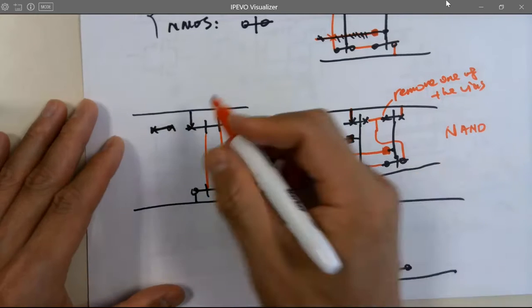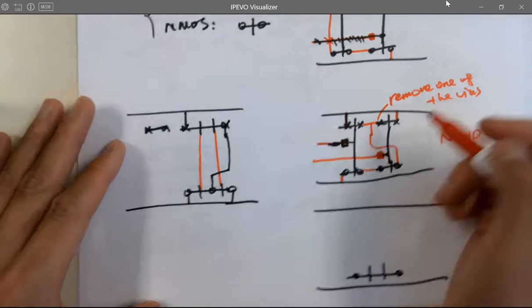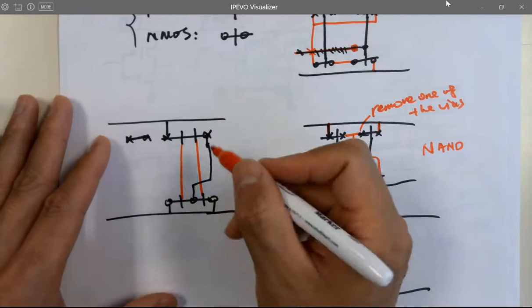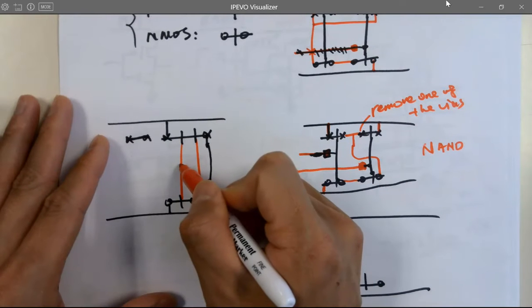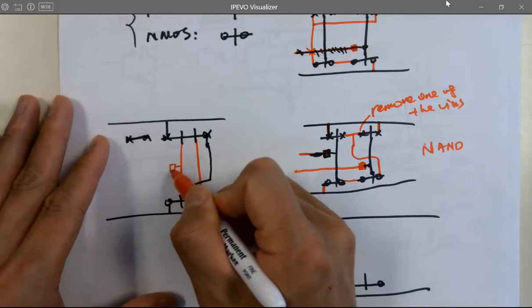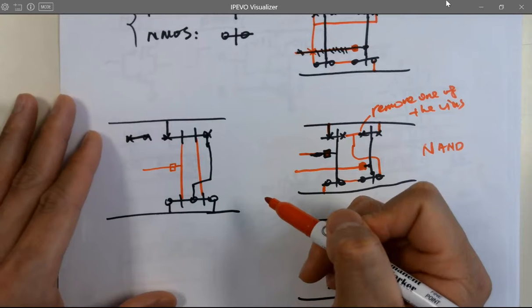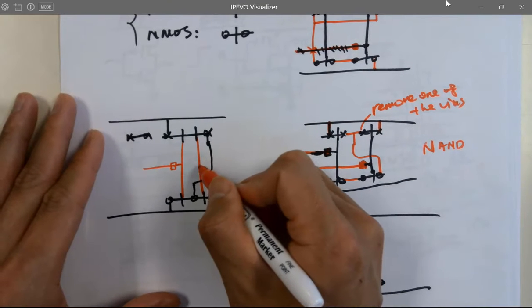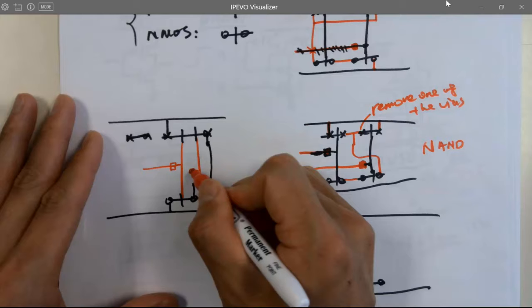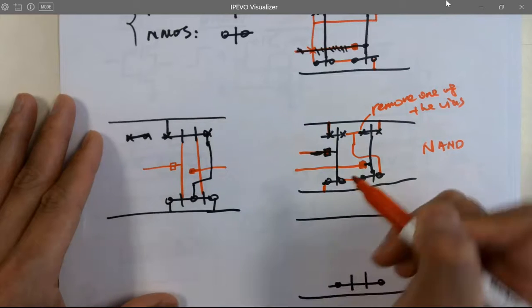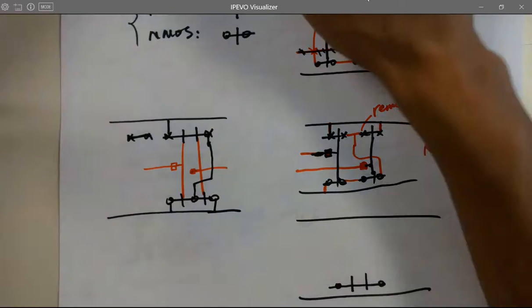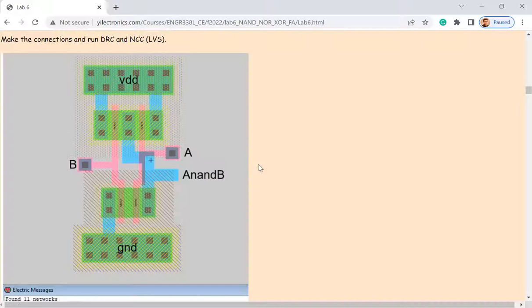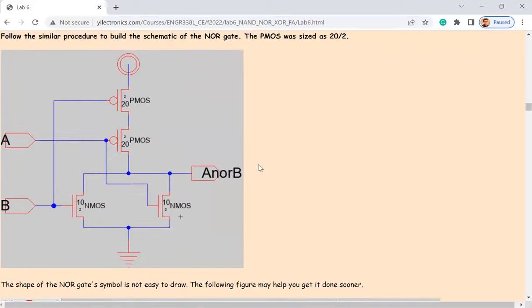Two polys. According to the layout I just had on the website, I think what I'm gonna do is directly introduce the metal one via, and do I have space here? Loads of space. Let's see.